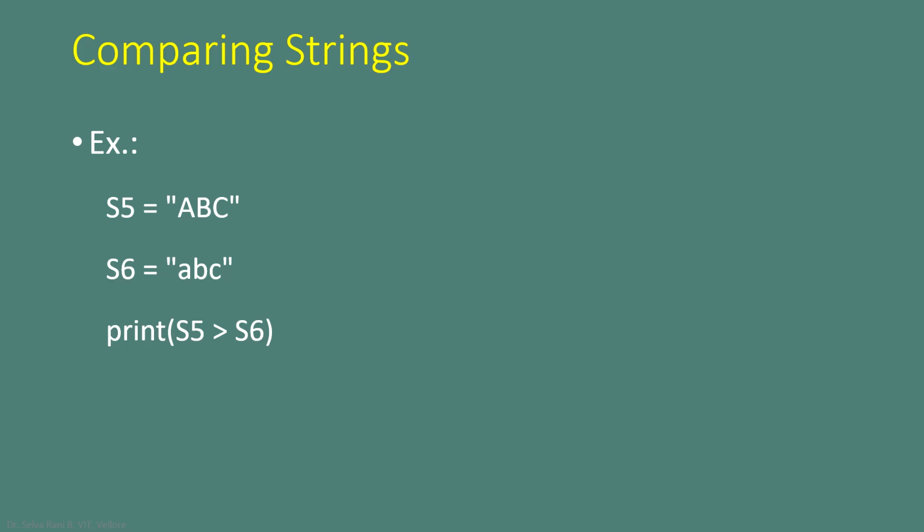S5 is equal to capital A, capital B, capital C, and S6 equal to small a, b, c. If we try to check whether S5 is greater than S6, we will be getting the result as false. Why? The ASCII value of the first pair of characters, capital A and small a, in both the strings are compared.